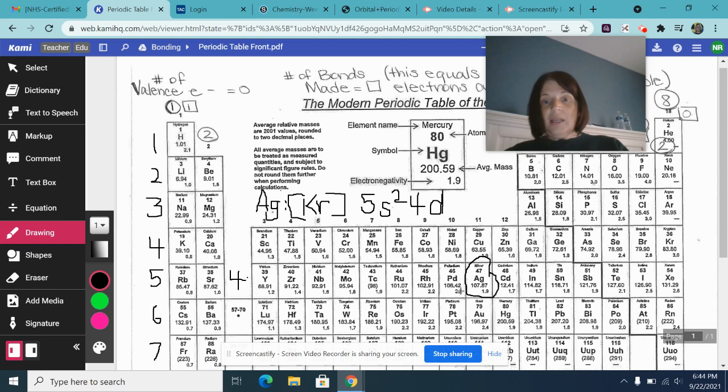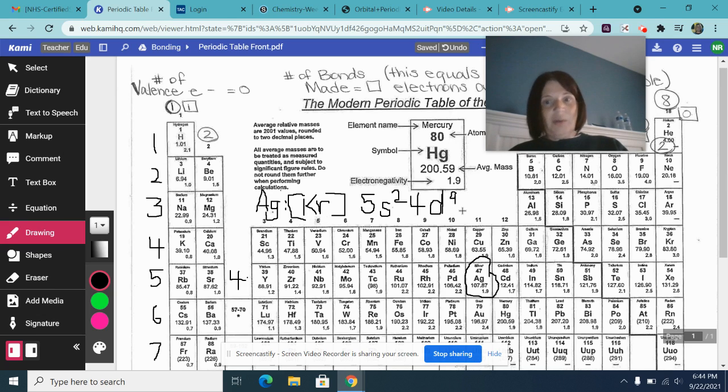So it is the ninth element, or it would have 9 electrons in the 4D region. So the shorthand electron configuration for silver is Kr 5s2 4d9.